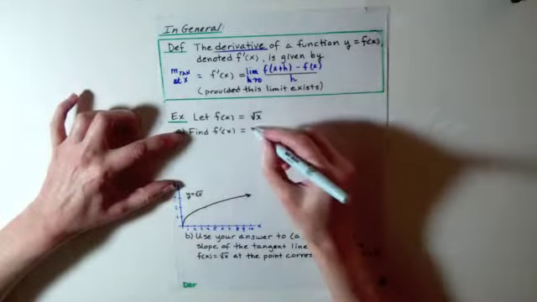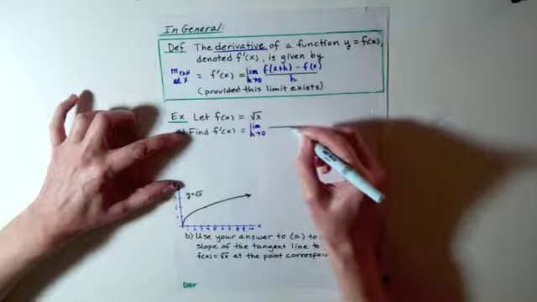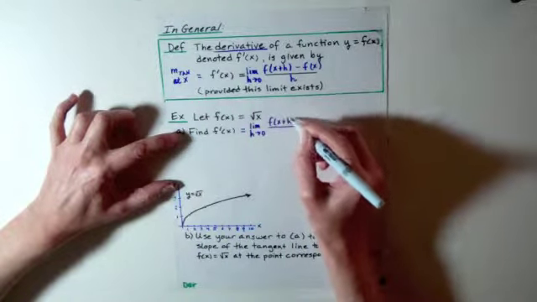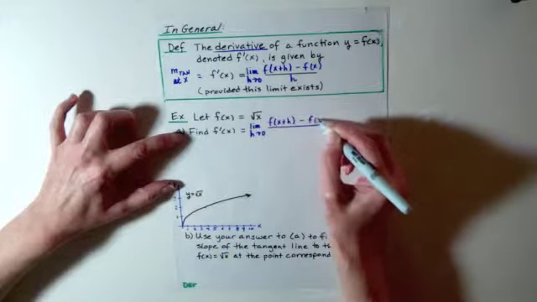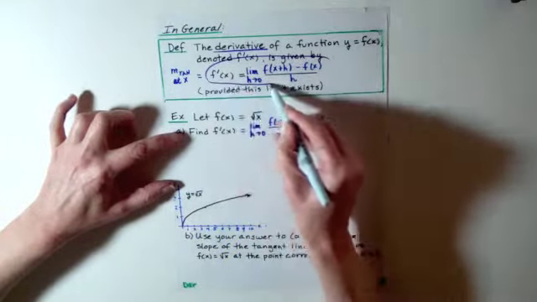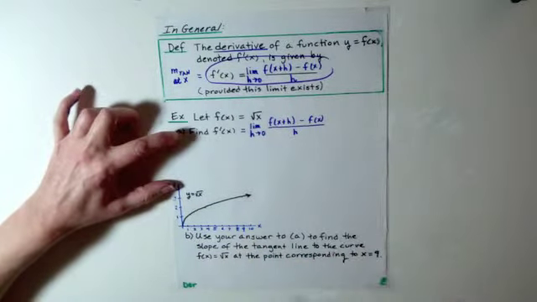So let me write that out. We are finding the limit as h goes to 0 of f of x plus h minus f of x all divided by h. That's just the formula that we have right here for f prime of x, the same thing as the slope of the tangent line at x.